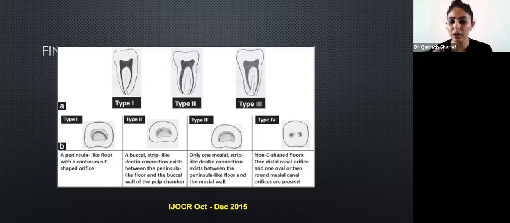And again, one of the most important things in a C-shaped canal which we need to follow is the irrigation protocol. Irrigation is very important because of the presence of isthmus. The isthmus contains a lot of pulp tissue, debris, etc. So this area needs to be cleaned very efficiently so that there is an increase in the success rate. So this is very important.